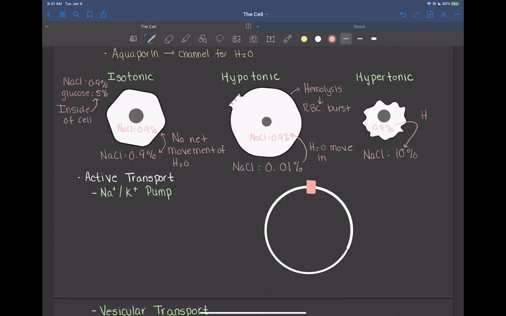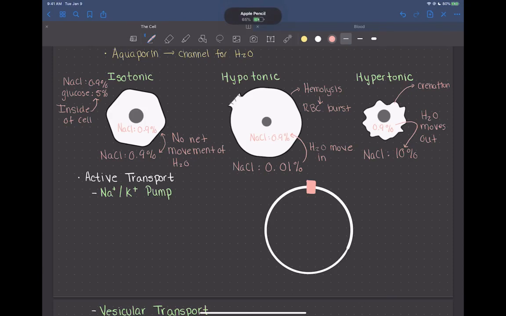So water moves out. That cell is going to shrink up because it's losing water, and we call this shrinking of the cell crenation. Crenation is the cell shrinking because it's losing water.